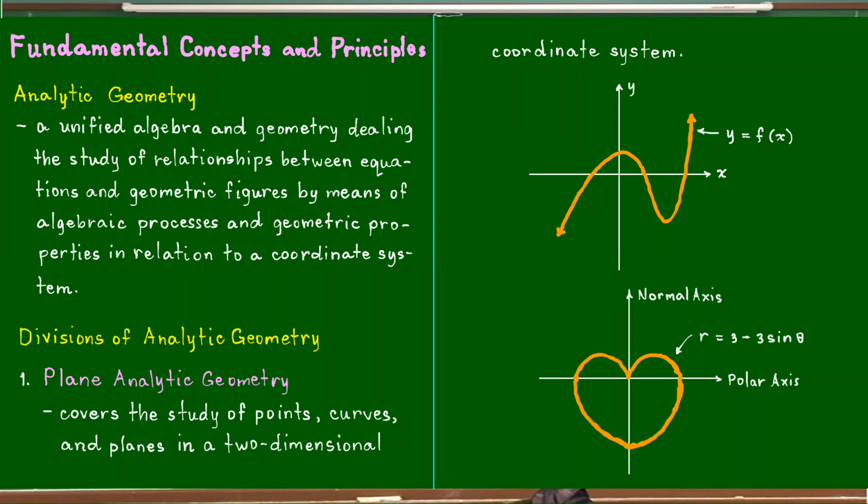In the polar coordinate system shown, a heart is drawn. We call this a cardioid, and this is given by the equation r = 3 - 3 sin θ. That is just an example of a cardioid traced in a polar coordinate system.